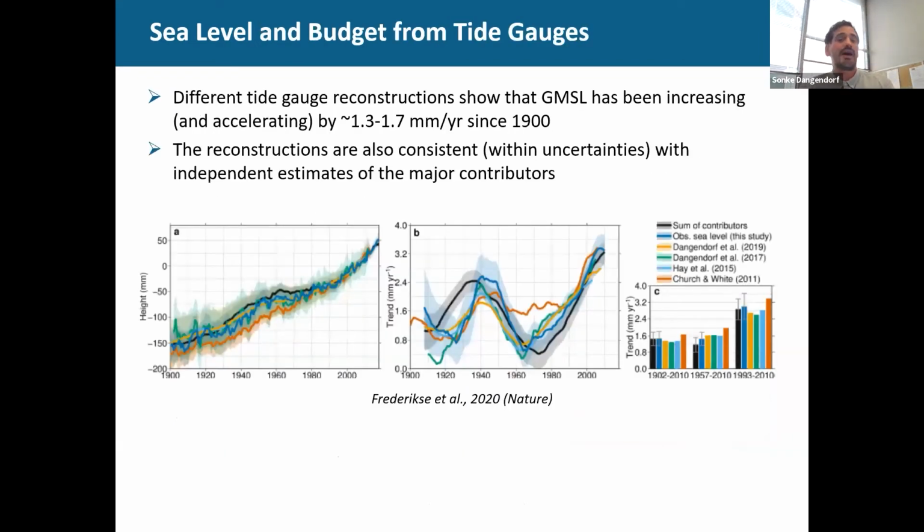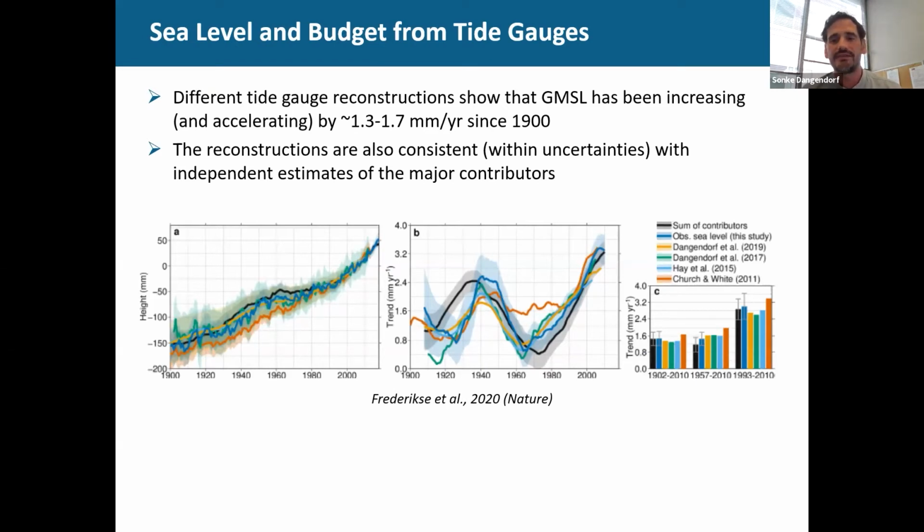There have been in the past different types of reconstructions that have tried to tackle that issue. Traditionally, of course, people have started to just average long and complete tide gauge records around the world, simple averages. They have tried to avoid regions where we know that there are very strong tectonic signals in the data.